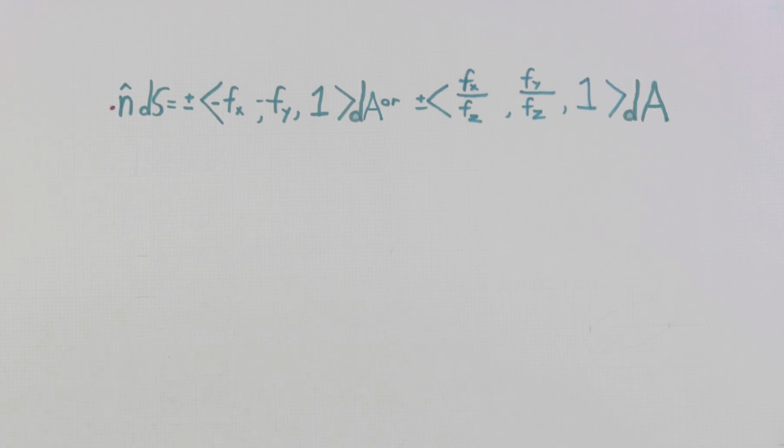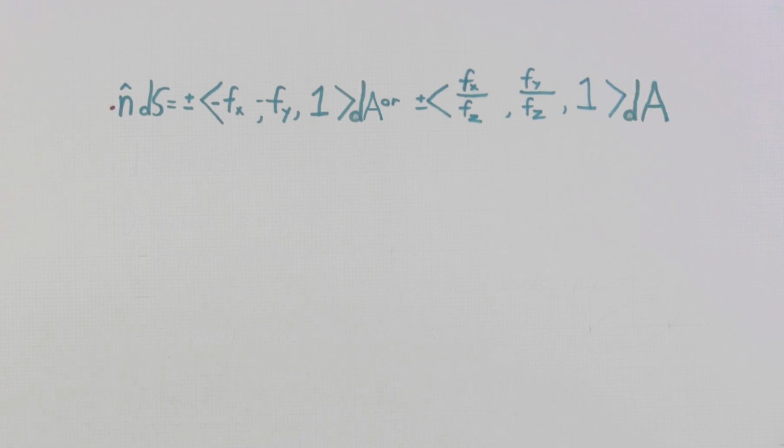In the case when our surface is given as an implicit function of x, y, and z, we modify this slightly to get plus or minus the vector (fx over fz, fy over fz, 1). Now, since this was just a Jacobian scaling factor, we have to make sure that we include our dA. So we have each of these vectors times dA.